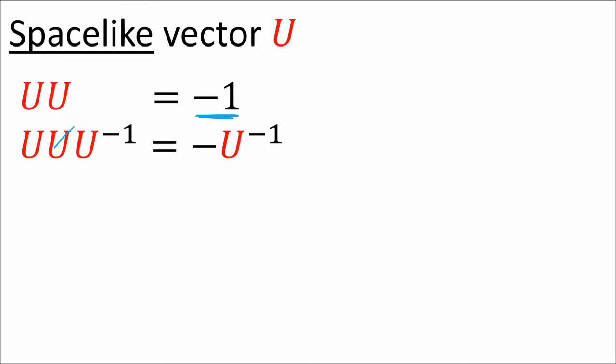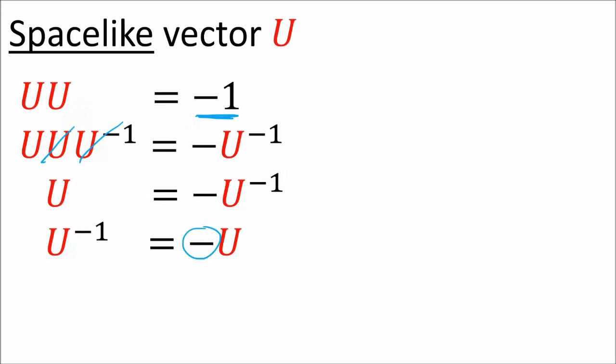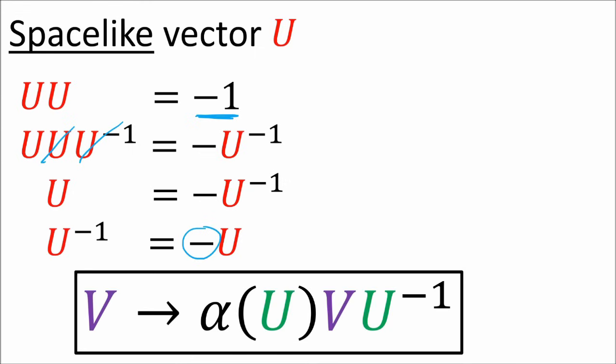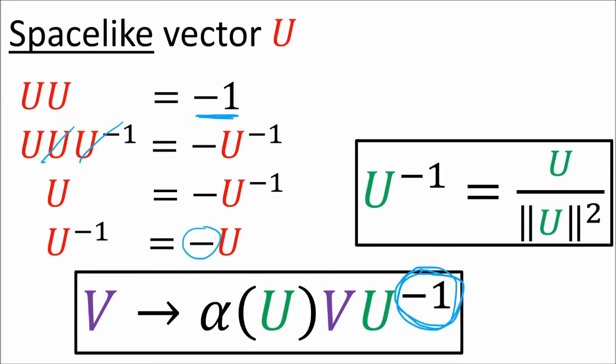It's important to keep in mind that for spacetime, if a vector is space-like and squares to a negative number, then its inverse will have an extra negative sign. So we always require these inverse operations to get the signs right in our equations. Taking the inverse of a space-like vector requires dividing by the squared length of the vector, and this will give us the extra required negative sign.